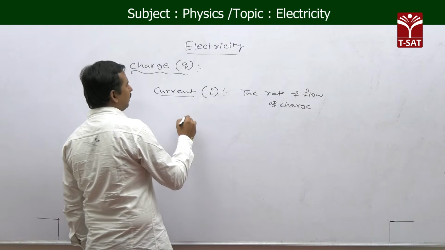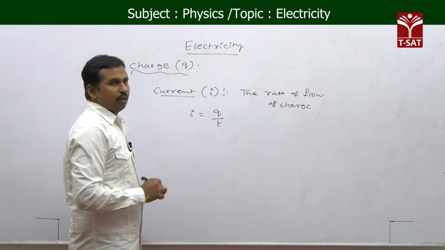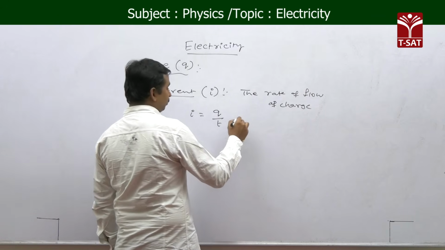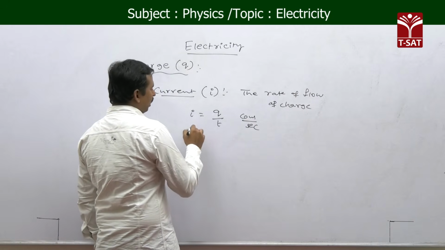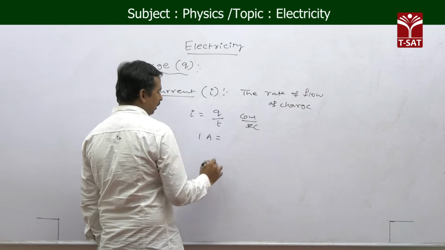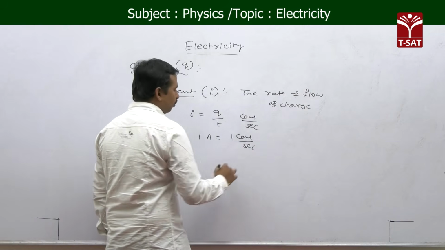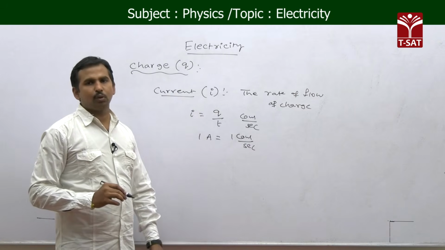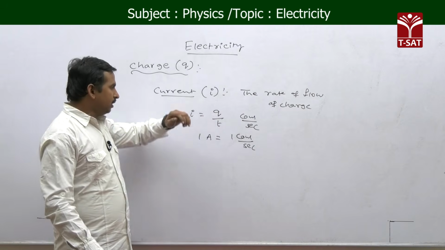The formula is I equals Q by T, where Q is in coulombs and time is in seconds. So I is in coulomb per second, which we call ampere. If 1 coulomb of charge passes in 1 second, then the current drawn is equal to 1 ampere. Very important, see that again.